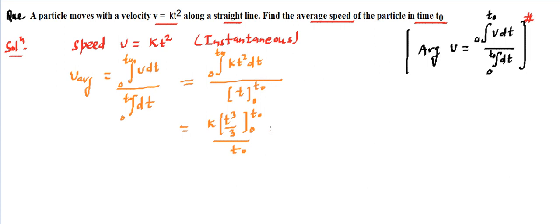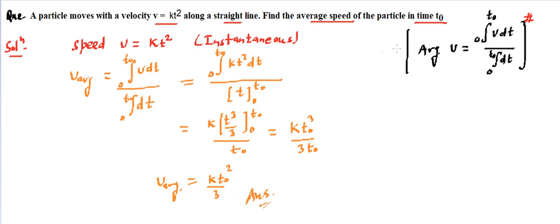Further simplification leads to k t naught cube divided by 3 t naught. So ultimately it is equal to k t naught square divided by 3. That will be the average speed of this particular motion. So that becomes your final answer.